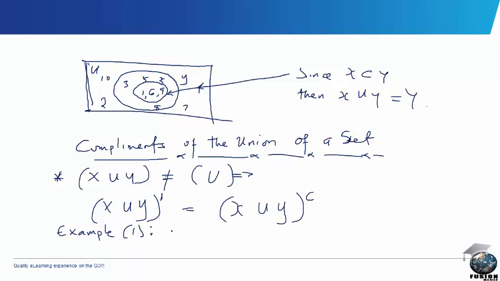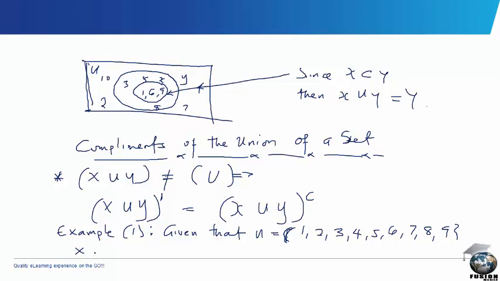Okay, given that the universal set U is equal to {1, 2, 3, 4, 5, 6, 7, 8, and 9}. Alright, and then you are told that set X contains elements 1, 2, 6, and 7, and set Y contains elements 1, 3, 4, 5, and 8.